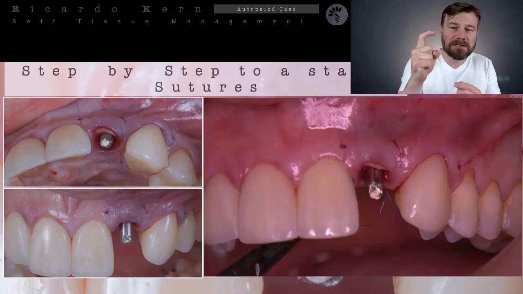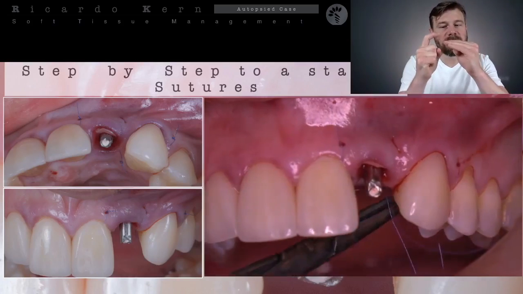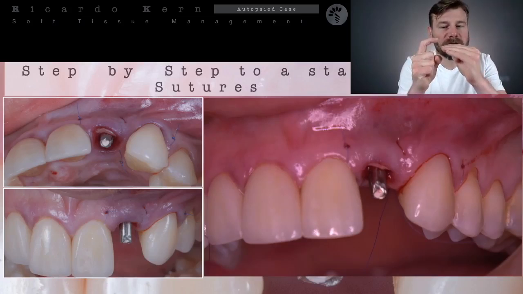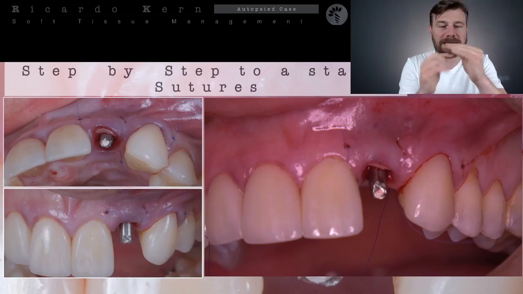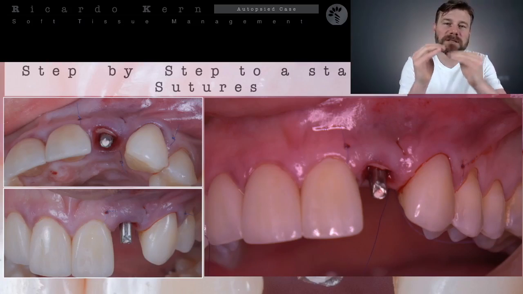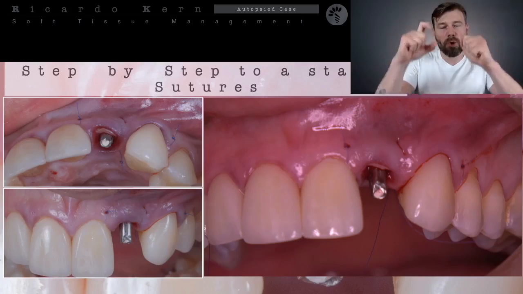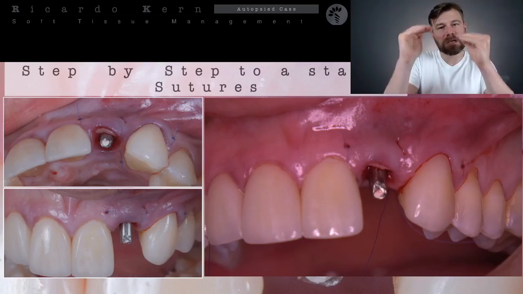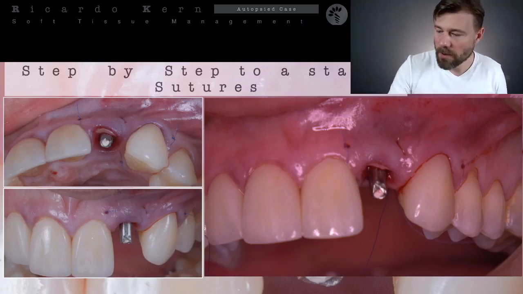I engage the suture on the flap and the connective tissue 2 millimeters apical to the top of the crest, and after that I drag the needle to the top of the crest and run on the top of the crest. This small difference in level allows this vertical matrix to hold and maintain the connective tissue and the papilla these 2 millimeters more coronally.